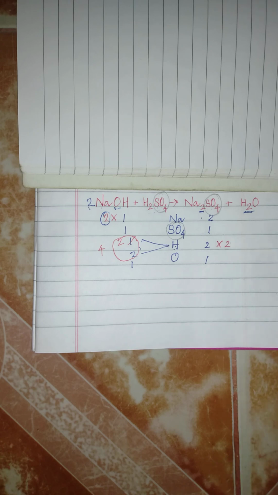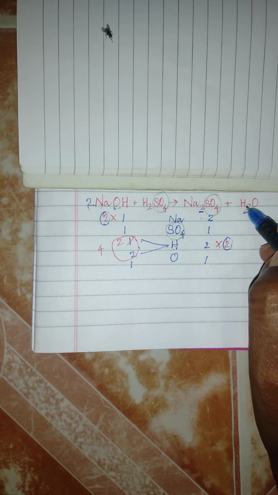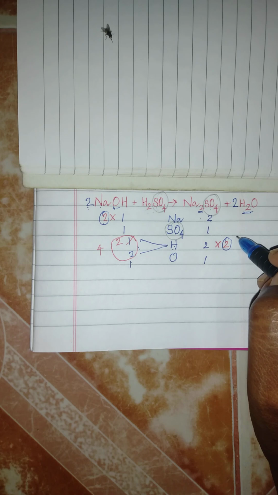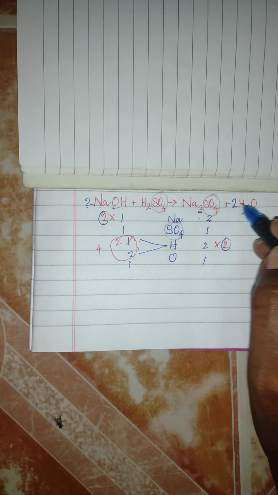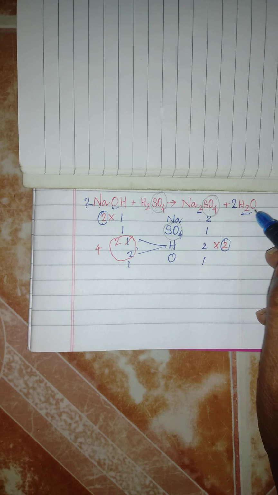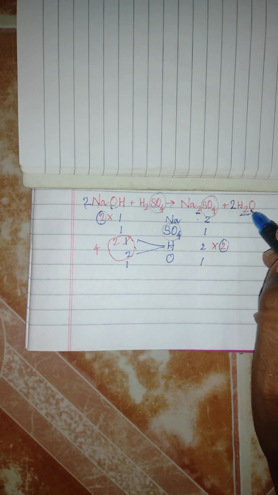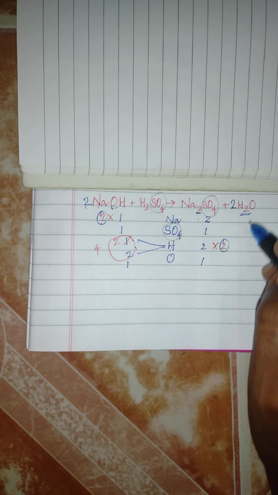This 2 we need to write as a coefficient of water, before the hydrogen. When we write this 2 as a coefficient, it belongs to both the hydrogen as well as the oxygen. Therefore, oxygen has now changed at the right hand side to 2 times.